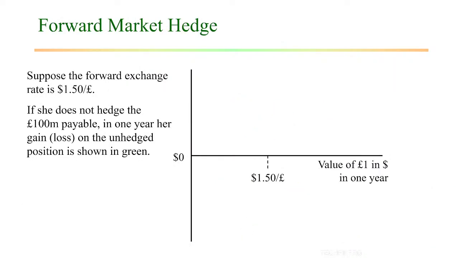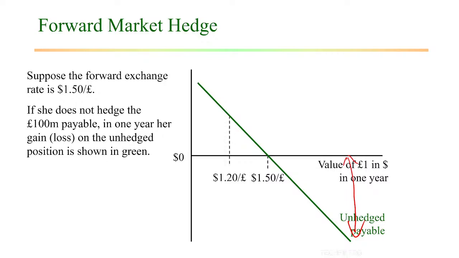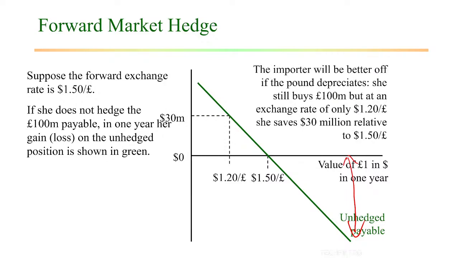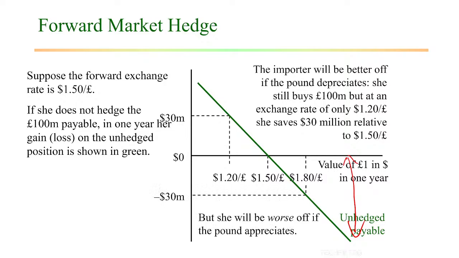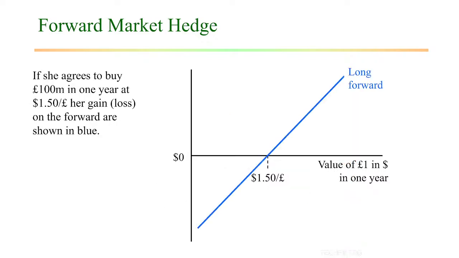And here's the payoff, okay? So if you don't hedge, your potential loss is huge. The foreign currency exchange rates fluctuate a lot. So you could have unbearable losses. Whereas if you do hedge with a long forward contract, so you buy a forward contract, that's your payoff.